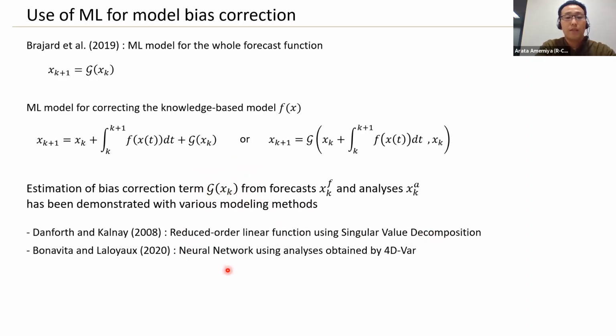And recently, a neural network was used for this bias correction using analysis obtained by 4D-Var in an operational system.